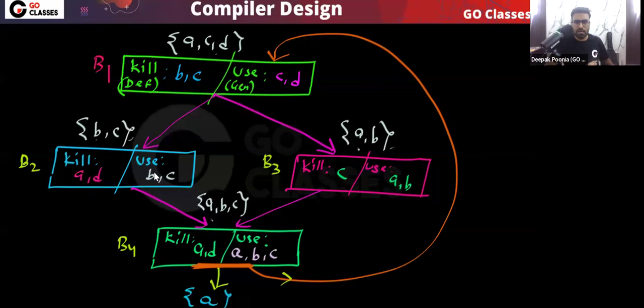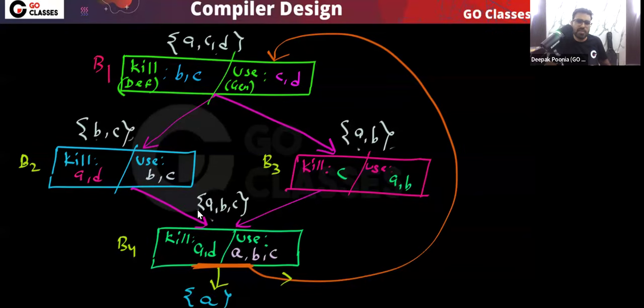So basically, this is all the information we need. When we are doing the second pass, from the first pass we only need the in information, the in of every basic block that we have written. Is this clear?